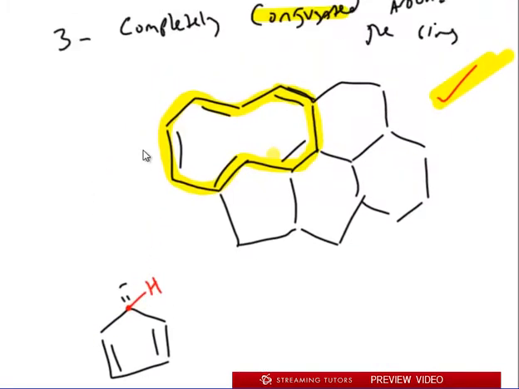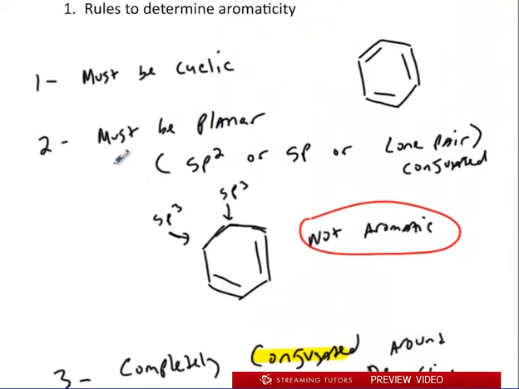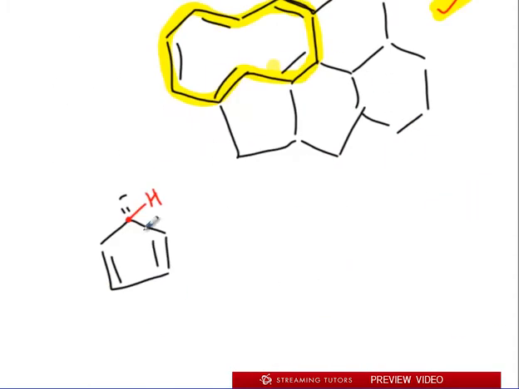So that's why for this rule over here, where I say it must be planar, it's either an sp2 double bond, an sp triple bond, or an atom with a lone pair that's conjugated. So that's what we're seeing here. So this is cyclic, it's fully conjugated, and it's planar. Everybody has sp2 or could be in sp2 form. And so yeah, this is also aromatic. Okay, so far so good.